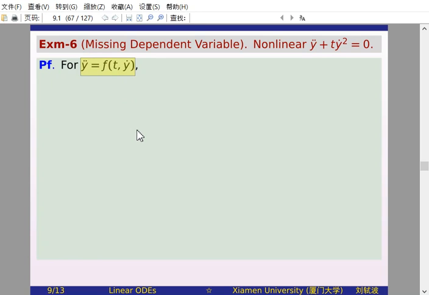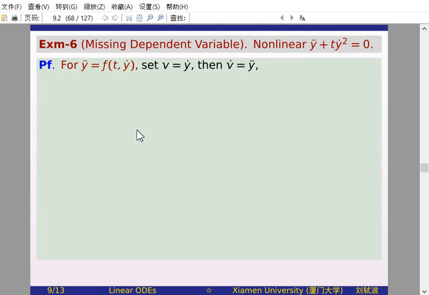The technique is to introduce a new unknown function v. We set v to be the derivative of y. Then the first order derivative of v is y double prime.